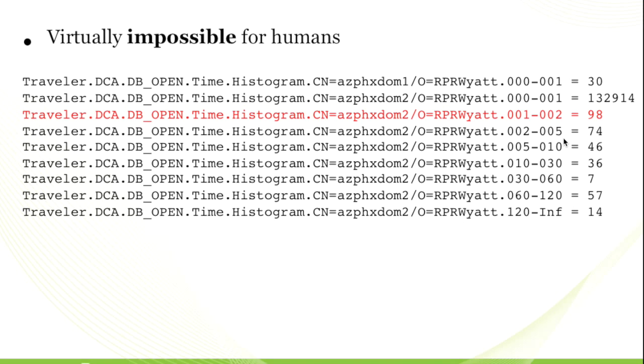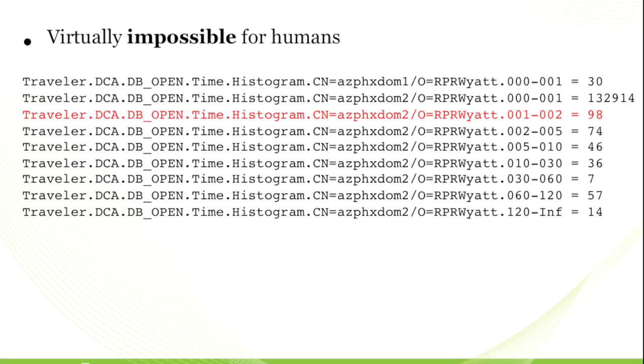The higher the time ranges go, the worse that is. So it also took 74 syncs between 2 and 5 seconds, and 46 syncs took between 5 and 10 seconds. But that's a snapshot in time, and it's a counter since the server first started.